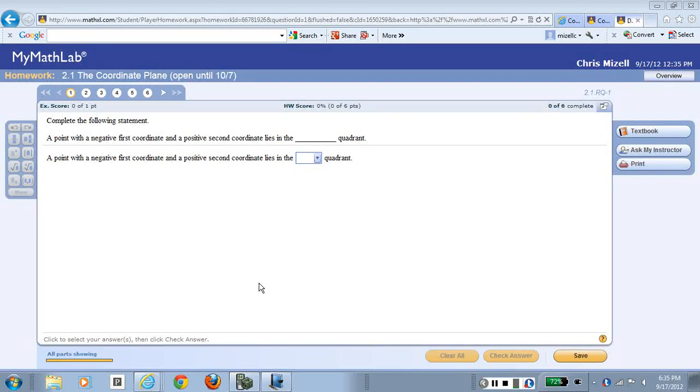A point with a negative first coordinate and a positive second coordinate, basically a negative x coordinate and a positive y coordinate, lies in which quadrant? We're supposed to be able to tell this.